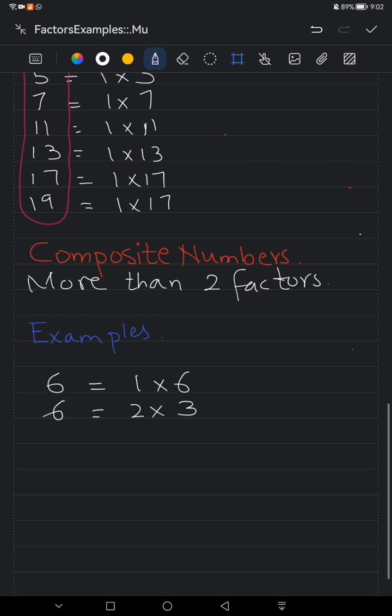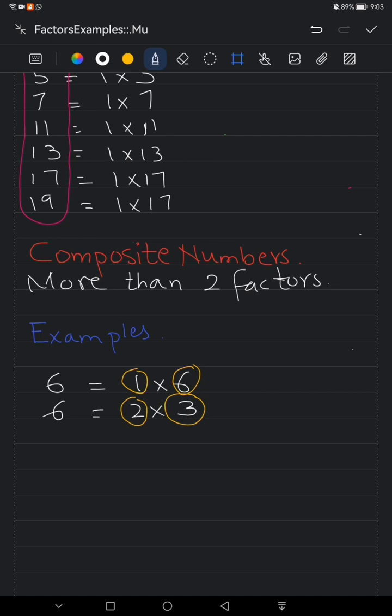So, can you notice? 6 has more than 2 factors: 1, 6, 2 and 3. So it has 4 factors. There are 4 tables in which 6 is exactly divisible. So I can say that 6 is a composite number.